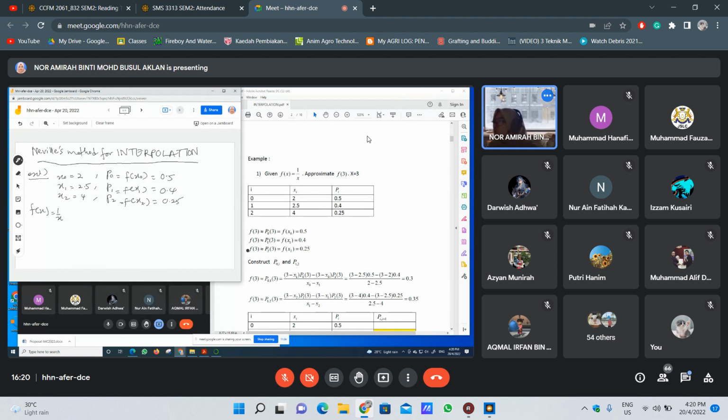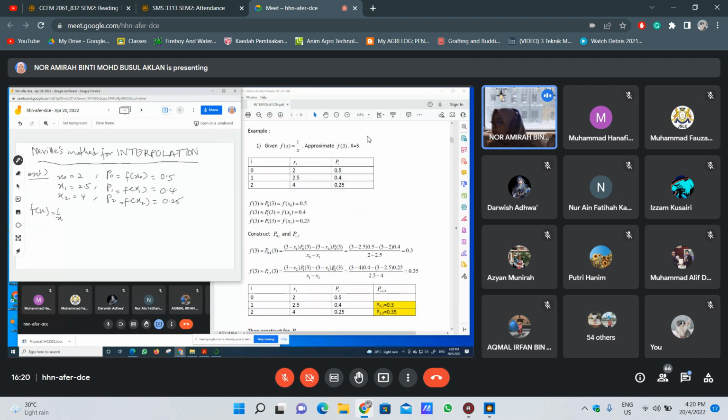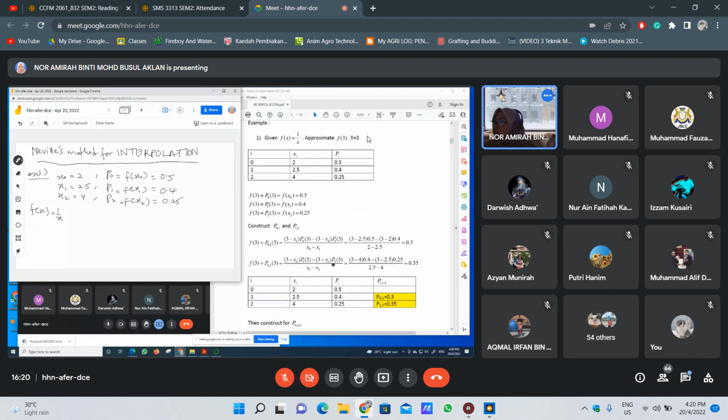Okay kelas. Then okay, daripada sini kita akan construct. Okay, we're going to construct. Sebenarnya kalau sini you akan cari. Okay. Macam mana saya nak buat table tapi tak apalah. Okay, so daripada sini you akan cari pula untuk P01. Okay, daripada sini you akan cari P12. Maksudnya you akan cari P baru.